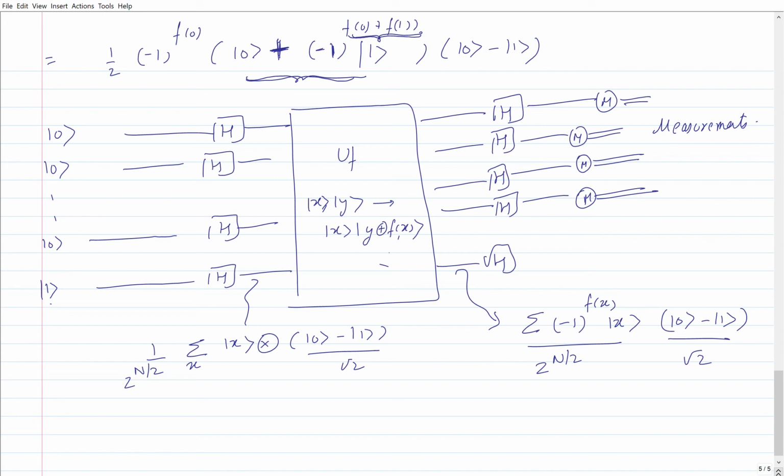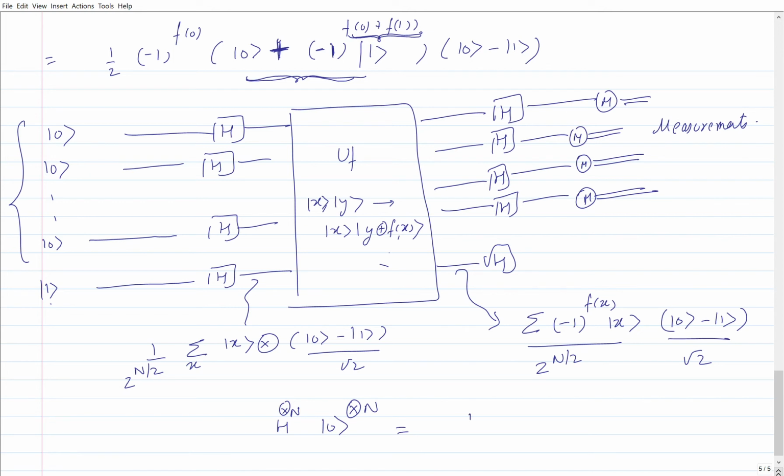One important thing to notice here is what happens when I have a bunch of zeros, tensor product n, this entire string, and I'm applying a Hadamard gate to it.